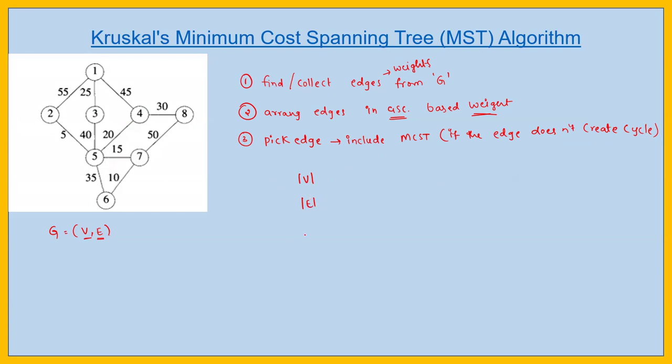If the number of vertices in the generated graph is equal to the number of edges plus 1, then we say that the generated tree or graph is said to be the minimum cost spanning tree. Otherwise, it is not a spanning tree. So let us know how to do this step by step.